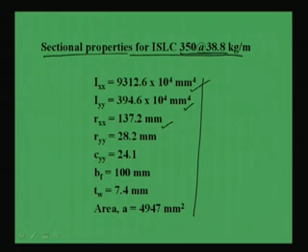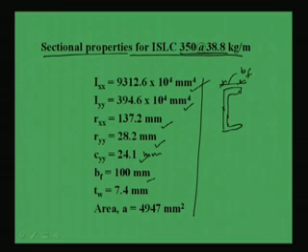RXX, the radius of gyration, is given as 137.2 millimeter, RYY is 28.2 millimeter, CYY is 24.1 millimeter. BF, the width of the flange, if the channel is this, then we can say this is BF.